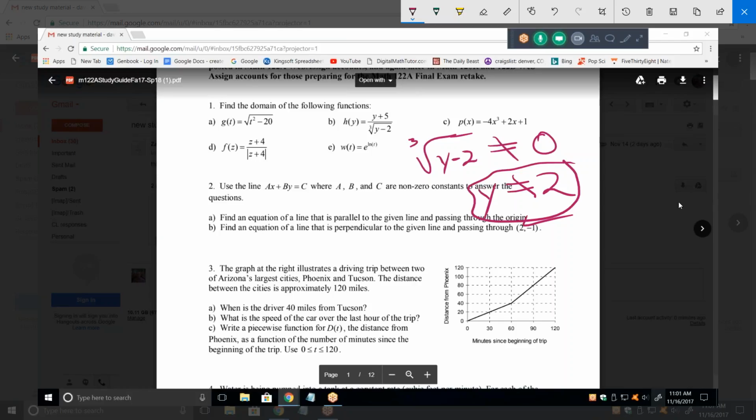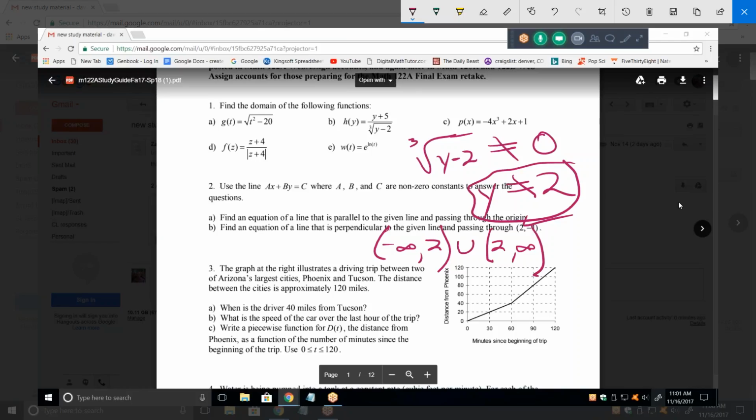After the 2, you need to specify whether it's a parenthesis or a bracket. Parenthesis, because sometimes it can be a bracket. So negative infinity, comma, 2, and 2, comma, positive infinity.